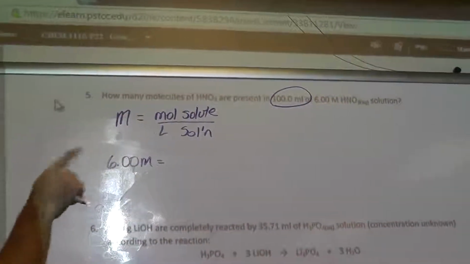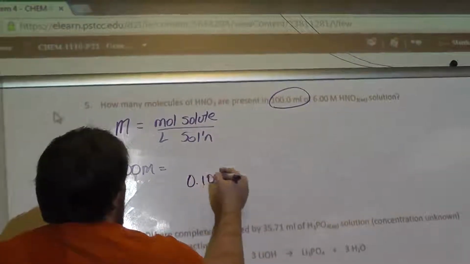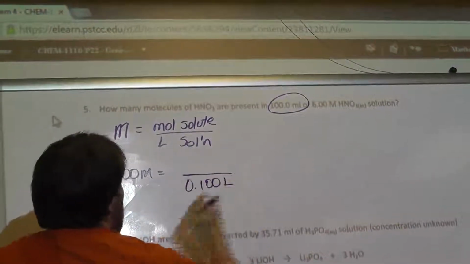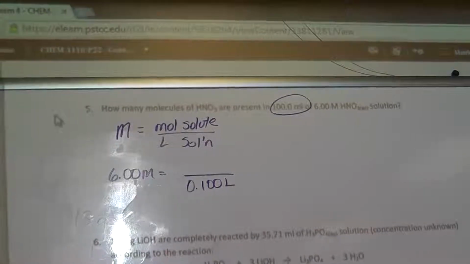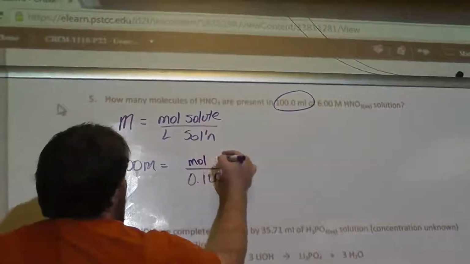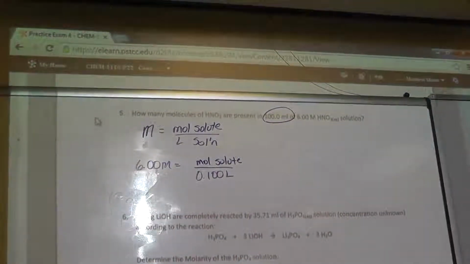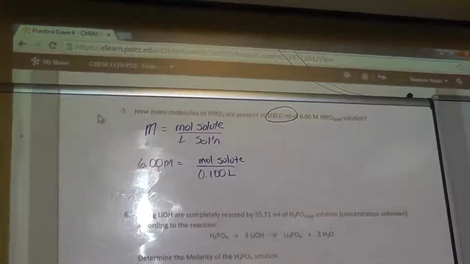Okay? So we want to do a quick conversion on that, and that's going to be 0.1 liter, okay, for your volume. And then what you're solving for here at first is this mole solute. Okay? Because we know everything else.